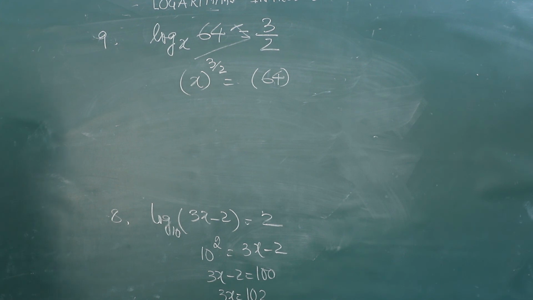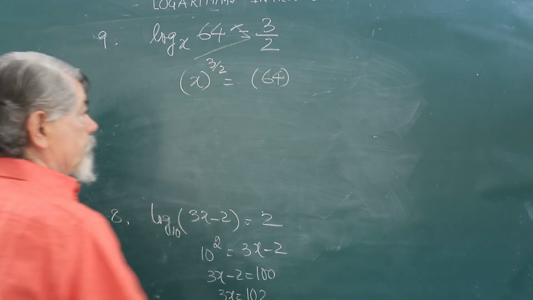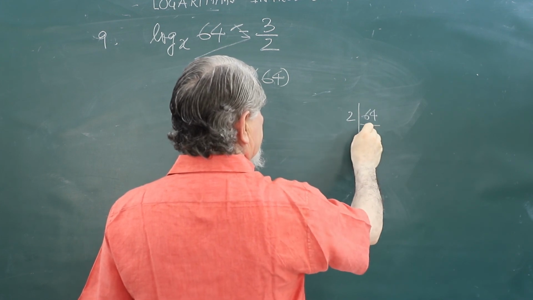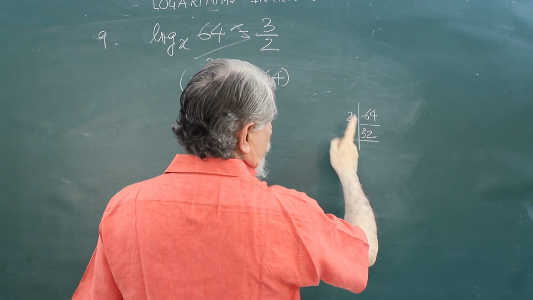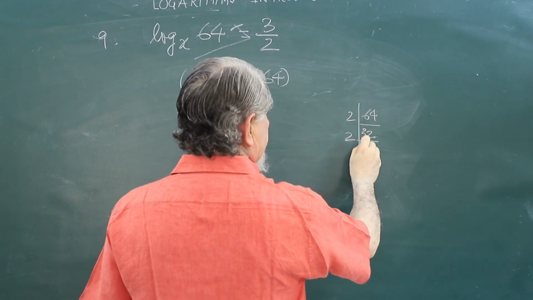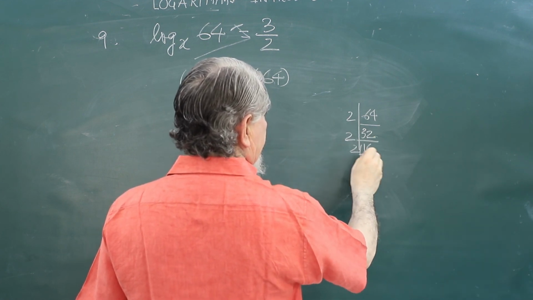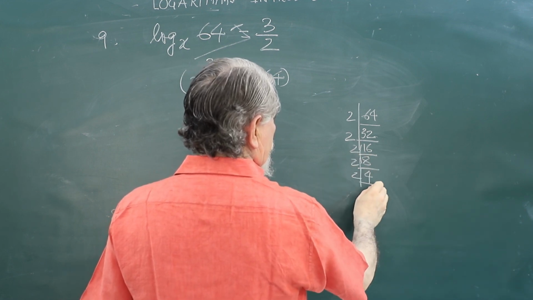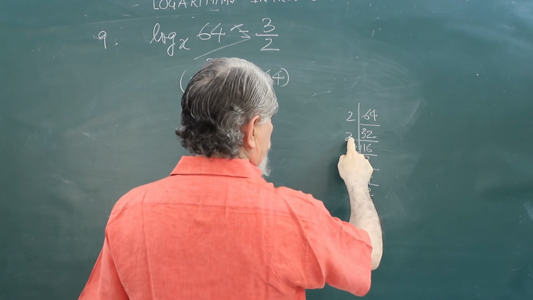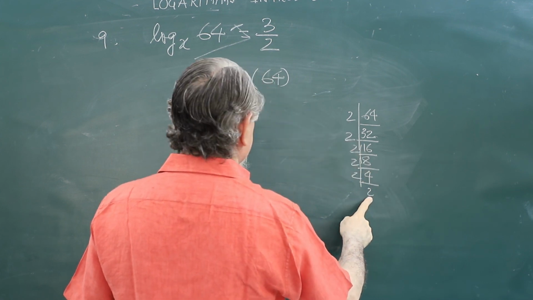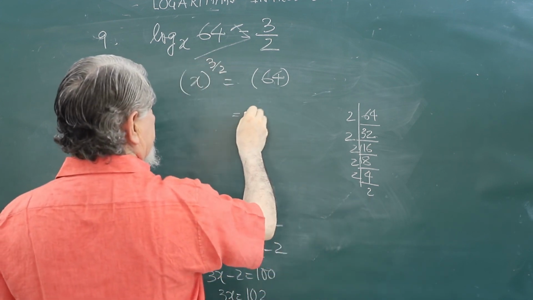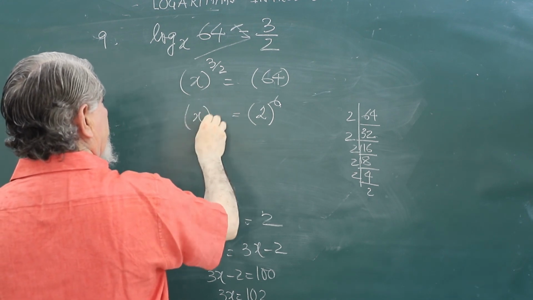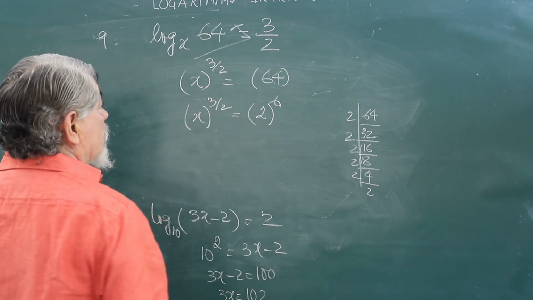So, let us see what we do. 64 is what? 2 2s are 4, 2 4s are 8, 2 8s are 16, and so on: 2 to the power 6. And it is x to the power 3 upon 2.